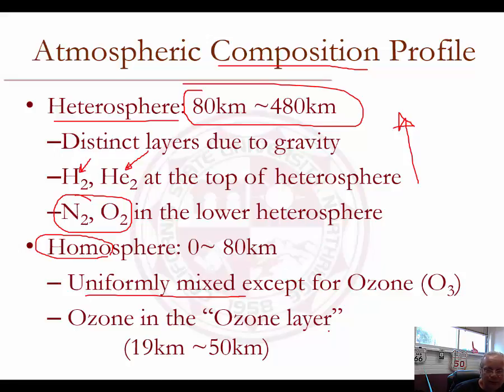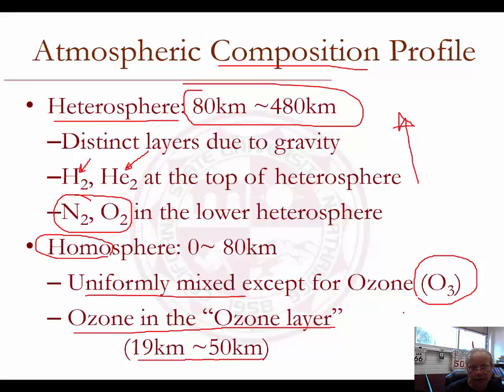The only exception in the homosphere is the ozone layer, a special layer of the atmosphere that exists from about 20 kilometers to about 50 kilometers up, and it is made up of a great percentage of ozone, or 3 oxygen molecules together.